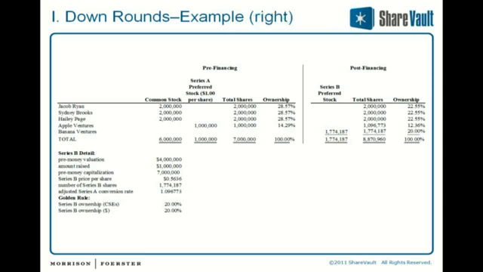Here you'll see the same financing, the same $1 million being invested at a $4 million pre. But here you'll see that the Series A conversion rate of 1.096773 is taken into account. In other words, the 1 million shares of Series A preferred is actually counted as 1.096773 million shares of common stock equivalents.